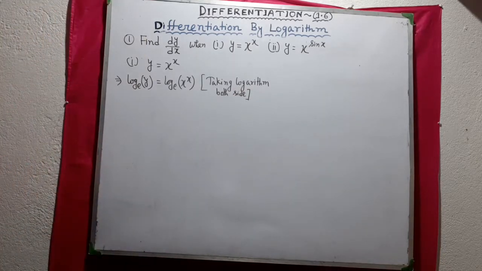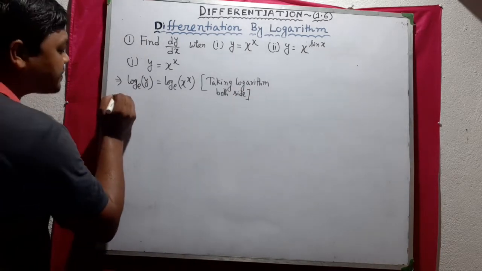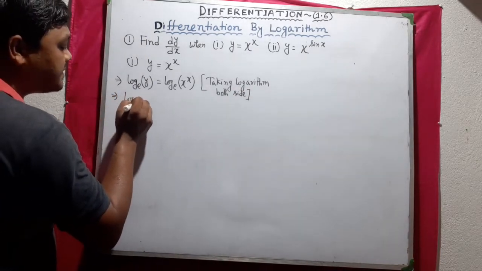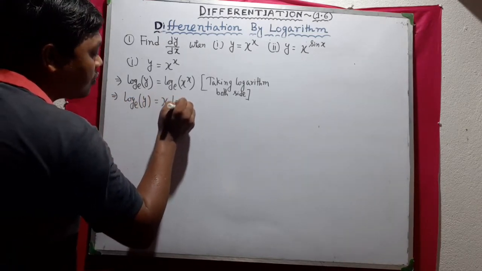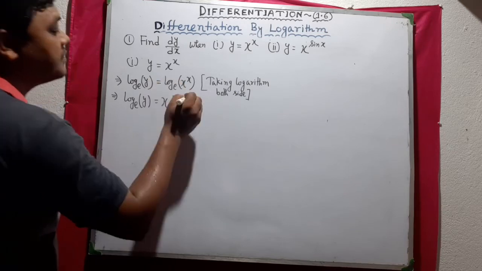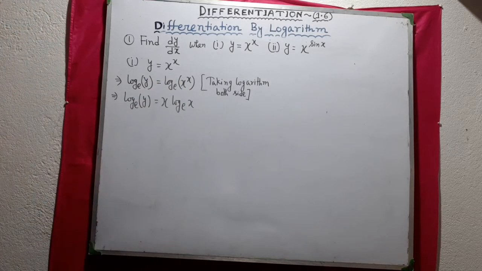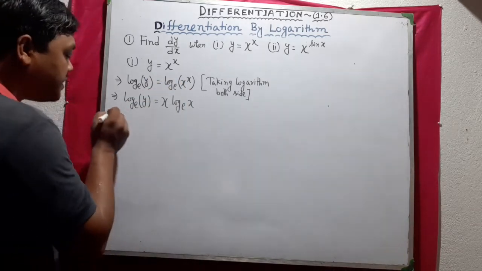Then, according to the properties of the logarithm, log base e y equals x log base e x. Okay, so now differentiate both sides with respect to x.